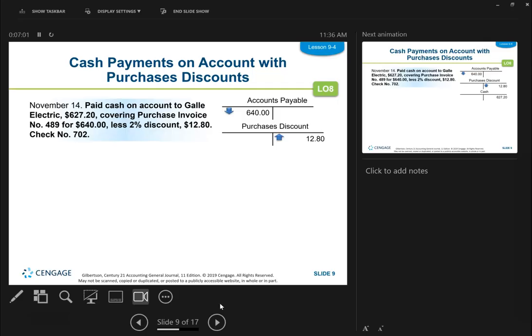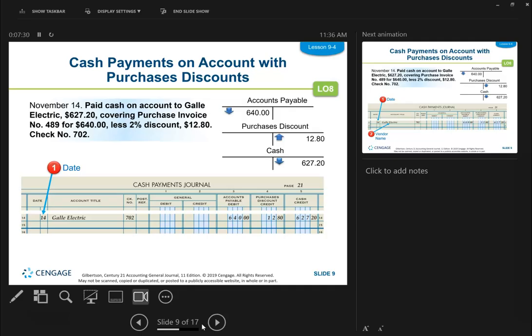That counterintuitively is going into a credit column because it's working the same as cash in terms of reducing our debt. Everybody's okay with that? So notice that the total in that credit column between the discounts and the cash needs to equal the debit to the accounts payable. Everybody see that?